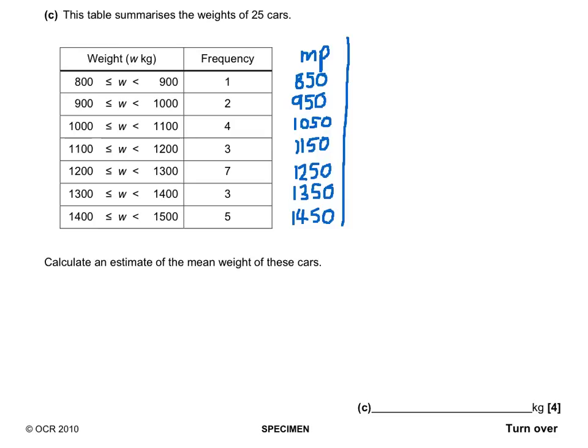Okay, so now we need another column, which is going to be the midpoint times the frequency.